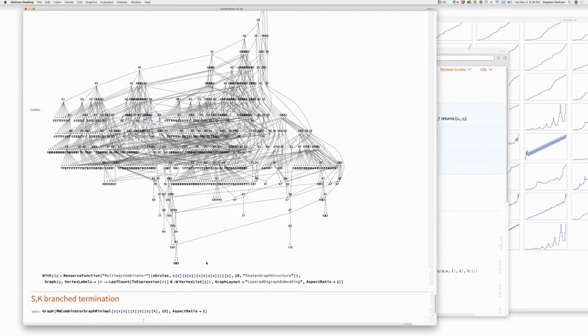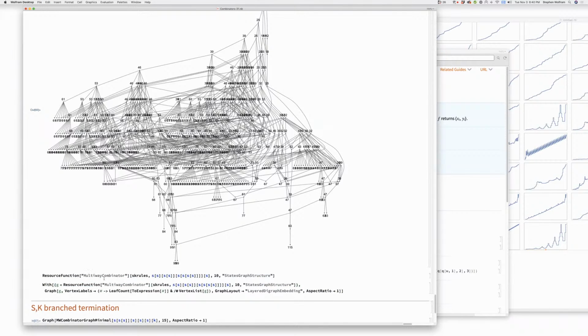Wow. Well, actually, one thing we could do is something simpler here, which is just to do this and to say here, 13 steps. And now let's ask, what is the leaf count of two expression hash that mapping this?